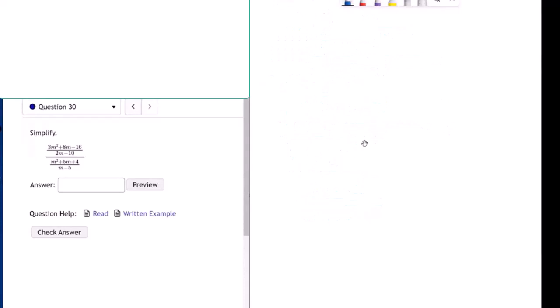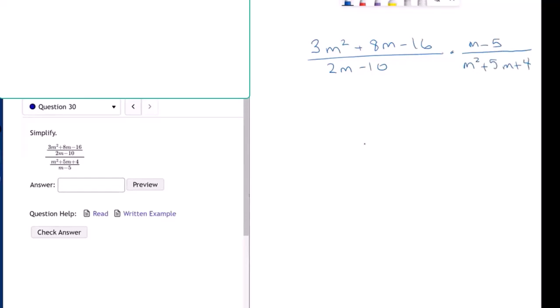Really very much the same. 3m squared plus 8m minus 16 divided by 2m minus 10. Keep, change, flip. Don't forget this part. It's very important. I'm not going to go through all the factoring. I'm going to just factor. A times C is minus 48.